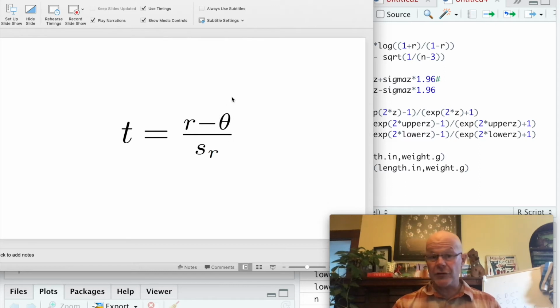And again, usually the hypothesized value is 0, but it doesn't necessarily have to be 0. And I'm almost certain that on the homework, I will probably ask whether or not you can reject the null hypothesis that a correlation is different from some other value other than 0. So it's worth understanding how you can calculate this t-statistic so you can do things like that yourself.